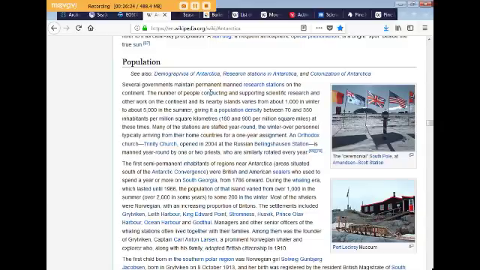Several governments maintain manned research stations on the continent. And there are about 1,000 people in the wintertime and up to 5,000 in the summer who conduct scientific experiments.